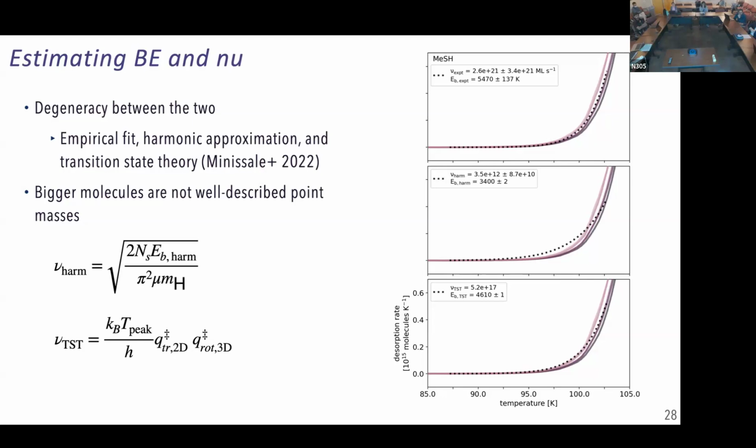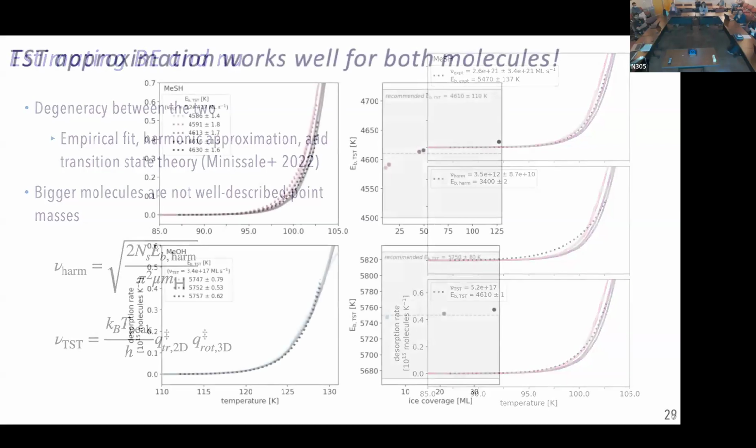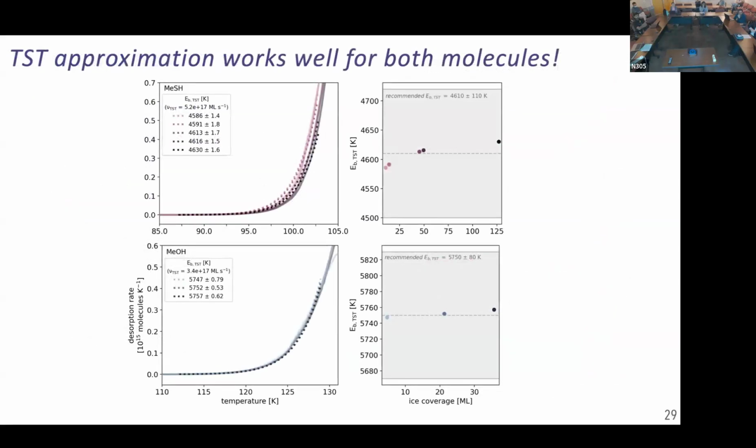So what I ended up arguing in this paper is that transition state theory is the best of these three leading methods, and we should move forward and model it using this. I motivate it for both methanol and methyl mercaptan. Notably, this method actually affects previous literature values of methanol and shifts its snow line significantly, by 4 to 8 AU, depending on some assumptions.